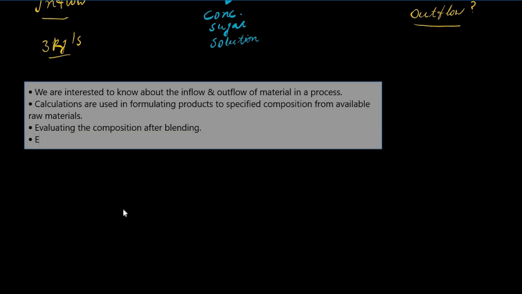Also, the material balance equations are required to evaluate the processing yield. Now, what is processing yield? Yield is nothing but the amount of the desired product. Let's say I have processed 100 kgs of oranges, and finally I get 10 liters of final packaged orange juice.